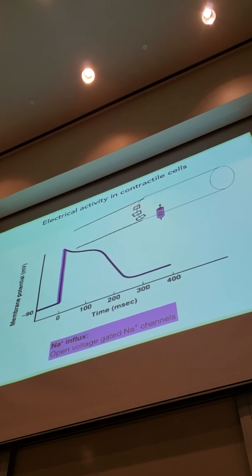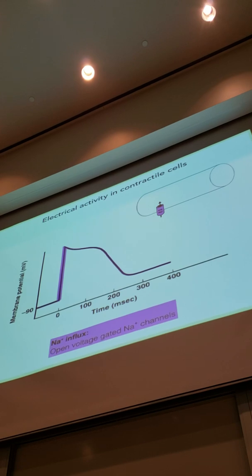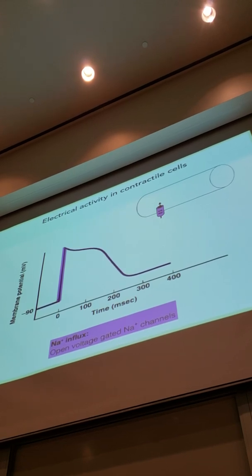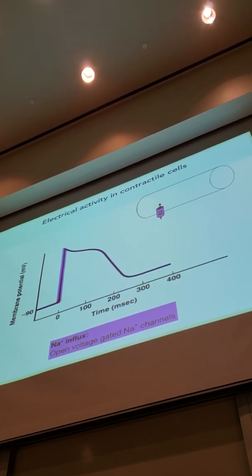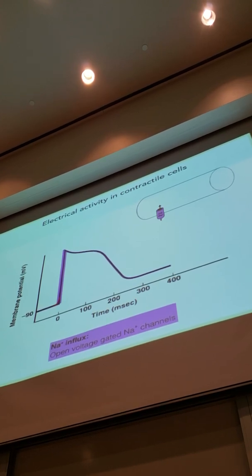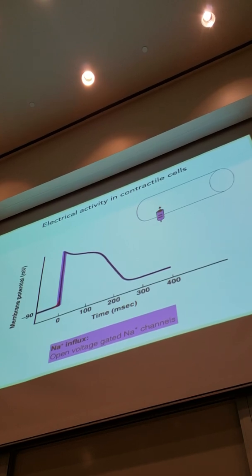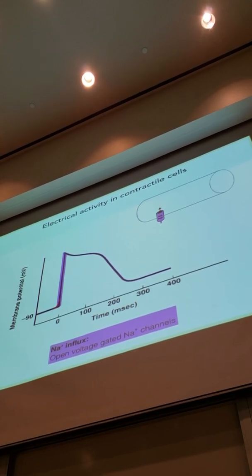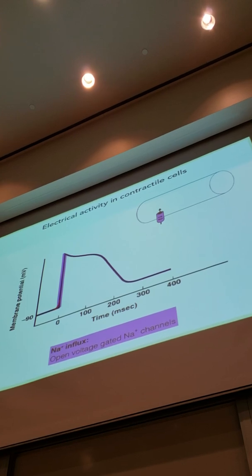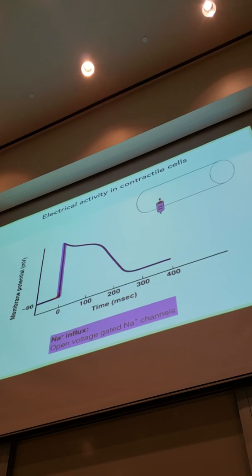So even though you don't see it here in this little image, there's a little stimulus that comes in here at the bottom that's coming from an action potential that's moving from another cell to this cell. Indirectly, this has come from a nodal cell. Maybe it's crossed hundreds of cells already, and it's coming from a contractile cell.